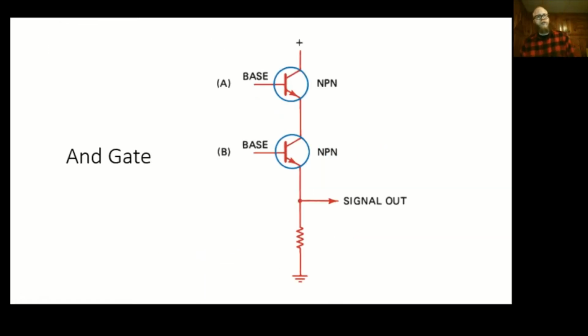We can also use these to create gates. So this is called an AND gate because I would need this transistor turned on and this transistor turned on. What that actually means is, let's say I have my headlights turned on to auto. I would need a signal showing that my headlights are on auto because I have it on that selection on the switch of the dashboard.